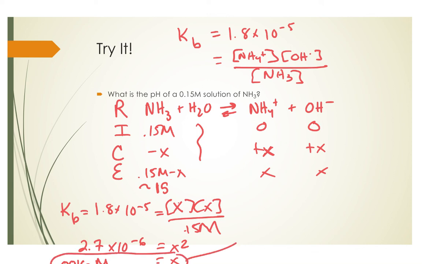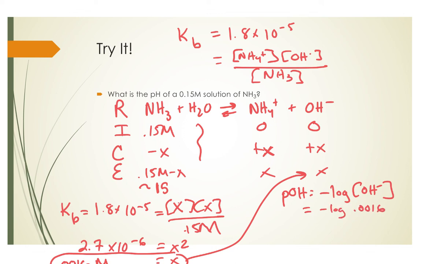So that means that pOH equals negative log of the concentration of OH, which equals negative log of 0.0016. So pOH is going to equal 2.80, which means pH is going to equal 14 minus that, which gives us 11.20.